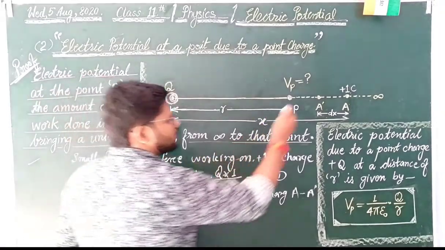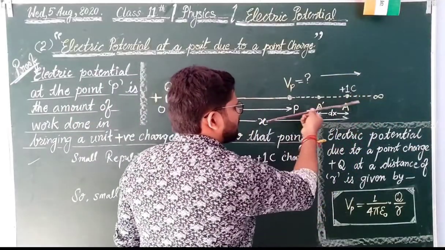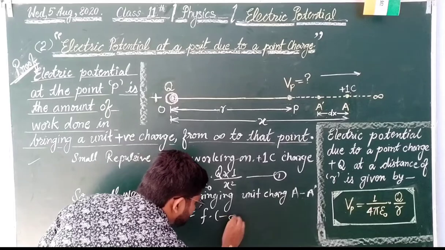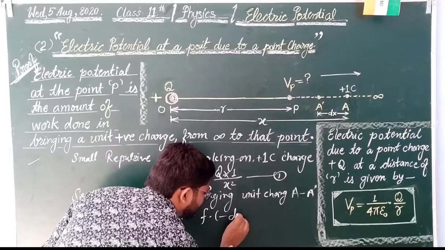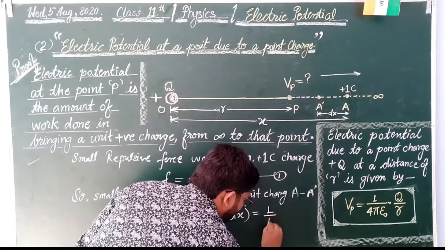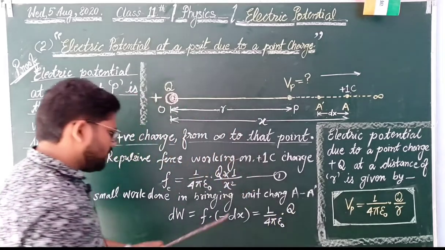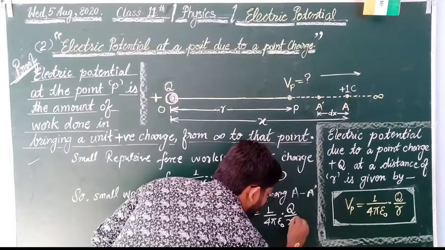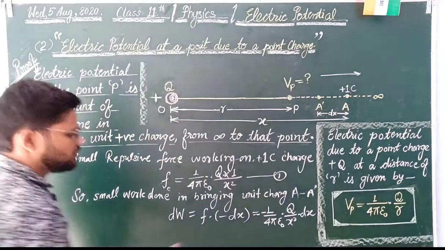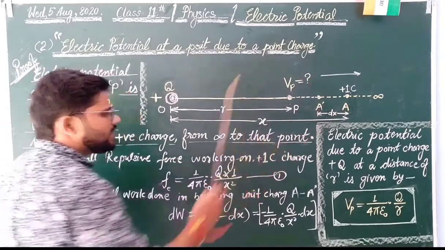Force is working in the direction of electric field, but we are displacing the particle in the opposite direction. So we will take a minus sign. F dot minus ds or dx, that is 1 upon 4 pi epsilon naught into small q upon x square into dx, with the minus sign placed in front of this. So this is the smallest work done in bringing unit positive charge from point A to A dash.